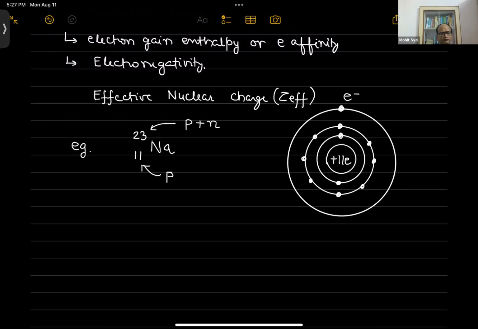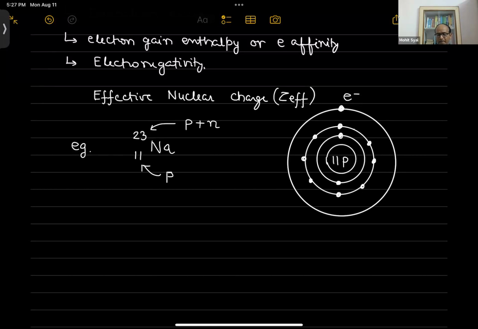Less than. Less than the charge of 11 protons, why? The nucleus has 11 protons. So this outermost electron, how much charge is it feeling? Exactly the same as the nuclear charge, or less than the nuclear charge? Yes, less than the charge of the 11 protons, because it has to be distributed.